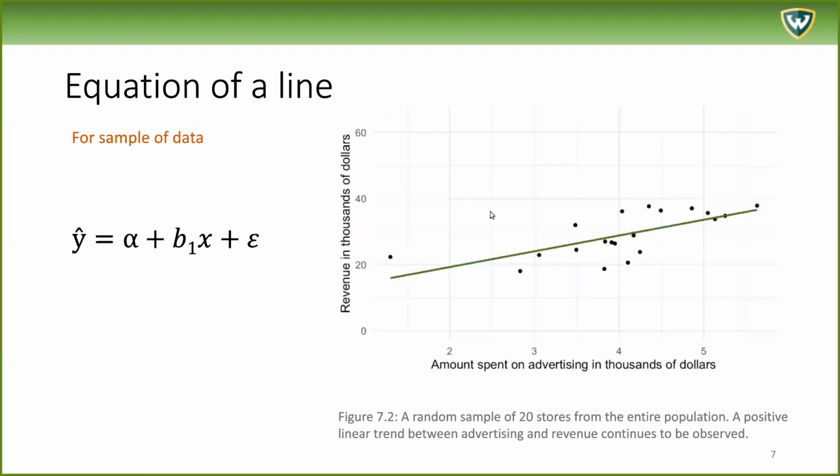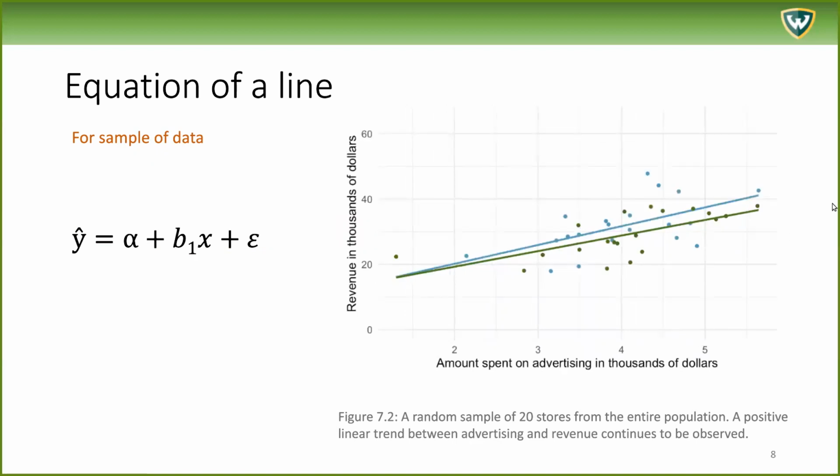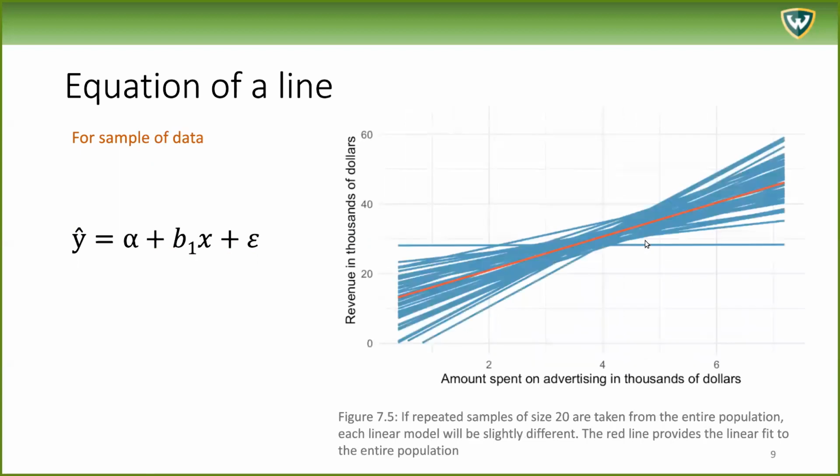But if we have a different sample, we may actually get a different line, right? And then if you put them together, you see, wait, that's not the same line from the two different samples, which may have some overlapping data or not. So, well, what happens if you keep sampling and sampling and sampling? Well, you will notice that you have multiple different lines.